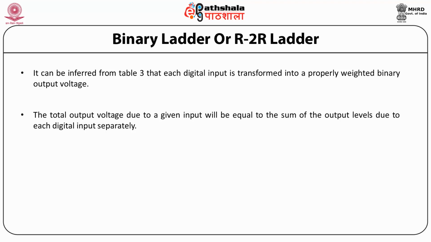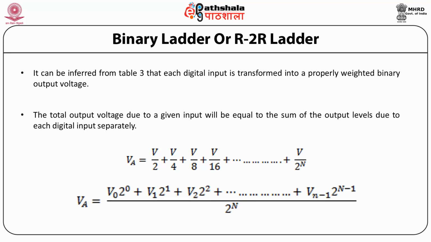Thus, net output voltage due to N bits in the input is given by VA equals V by 2 plus V by 4 plus V by 8 plus V by 16 plus so on till V divided by 2 raised to power N. Or equivalently, we can express VA equals V0 into 2 raised to power 0 plus V1 into 2 raised to power 1 plus V2 into 2 raised to power 2 plus so on till Vn minus 1 into 2 raised to power n minus 1, on the whole divided by 2 raised to power n.